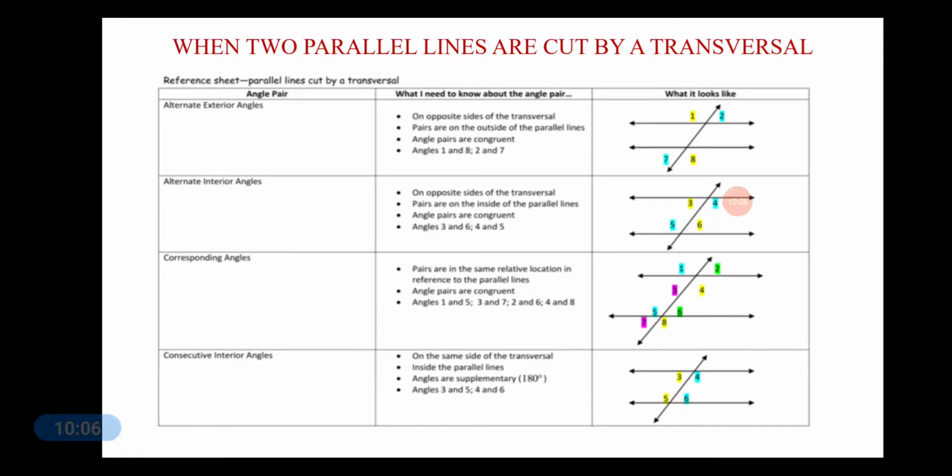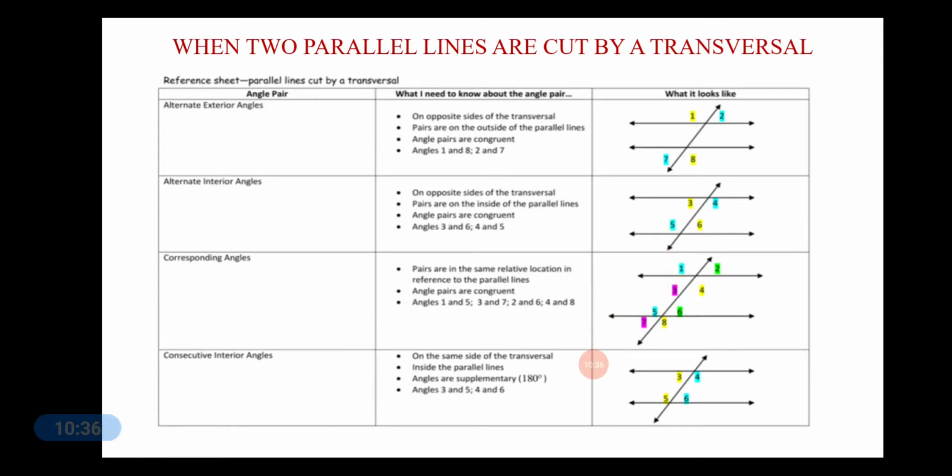So angle 4 and 5 will be equal to each other, whereas angle 3 and 6 will be equal to each other, because they are interior alternate angles. So these pairs of angles will be equal. That is, angle 3 equals angle 6 and angle 4 equals angle 5.